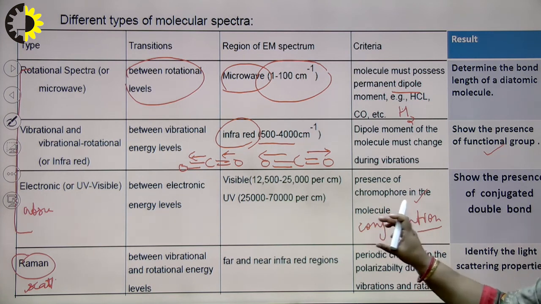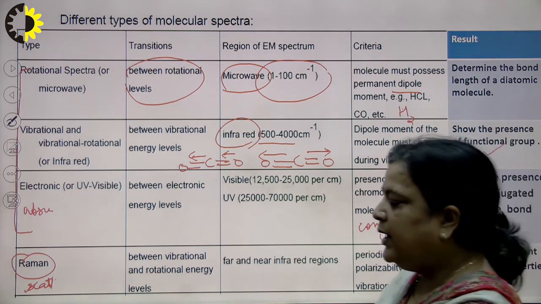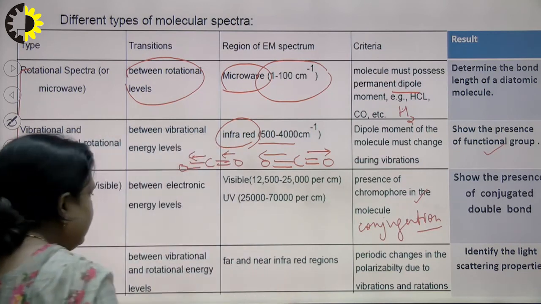So, this spectroscopy is very useful to find the conjugation. Suppose in the structure of vitamins, we can find which type of conjugation is present, how many double bonds are present, and whether the double bond is attached directly to the ring, with the help of this spectroscopy.